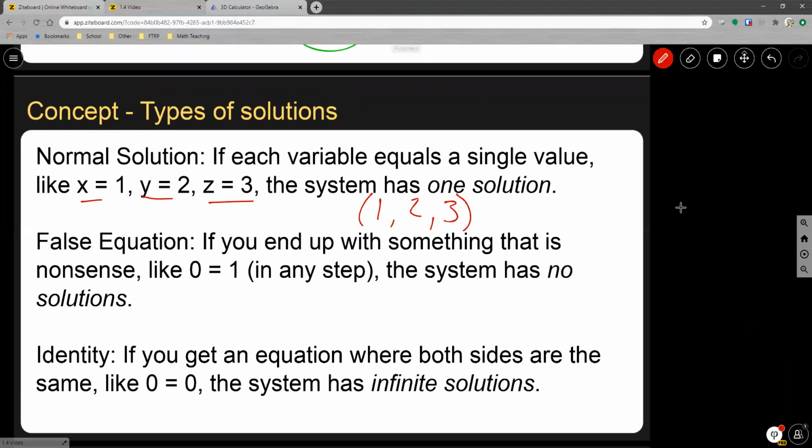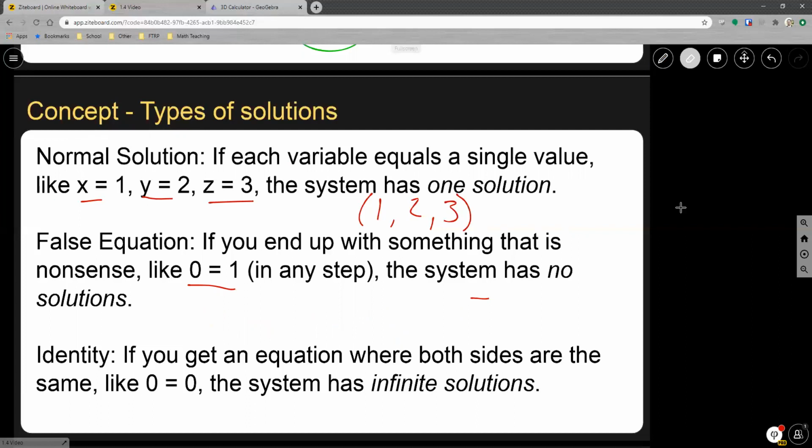If I have a situation that comes up while I'm solving that is nonsense, like 0 equals 1, or, well, actually, I wouldn't use a variable. I could do that. If I have 2x plus y equals 2x minus y, and y is not equal to 0, that would result in no solutions.